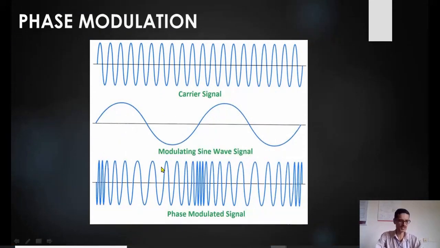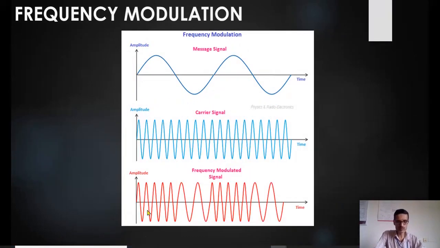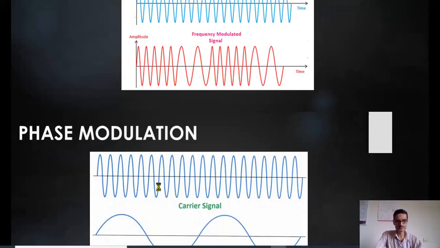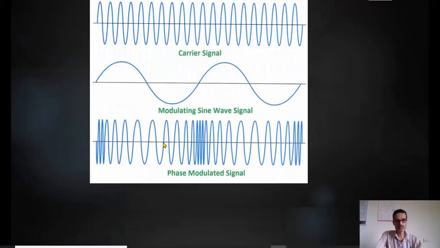Now phase modulation, which is rarely used in communication; it is either AM, or nowadays more commonly, frequency modulation for analog modulation. Just look at this, what is the difference? I have an analog message signal, this is the carrier, and this is the phase modulated signal. As the phase changes, frequency indirectly also changes.